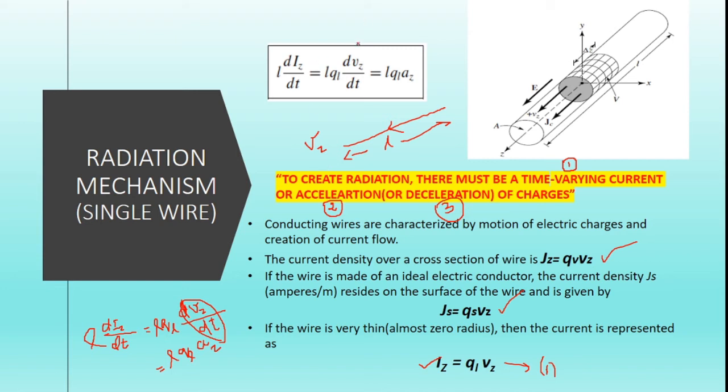That is how we arrive at this equation. Whatever conclusion we apply to this equation of zero radius, the same conclusion applies to all other equations also. So this first condition we have established here: there must be a time varying current. So diz by dt represents the variation of current with respect to time.